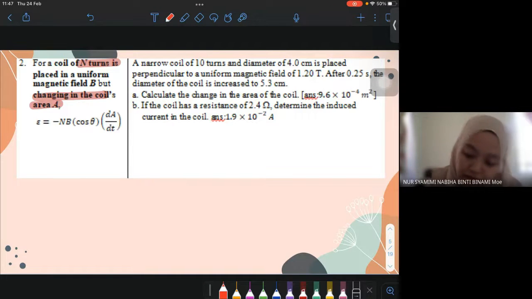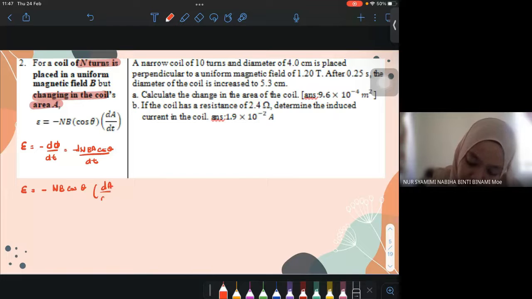Equation kita E is equals to negative d flux over dt, negative n b a cos theta over dt. Ingat kita hanya differentiate benda yang berubah. So that's why equation kita jadi E equals to negative n b cos theta a over dt. Sebab area yang berubah. And you have to bear in mind that dA over dt is equals to A final tolak A initial divided by time.